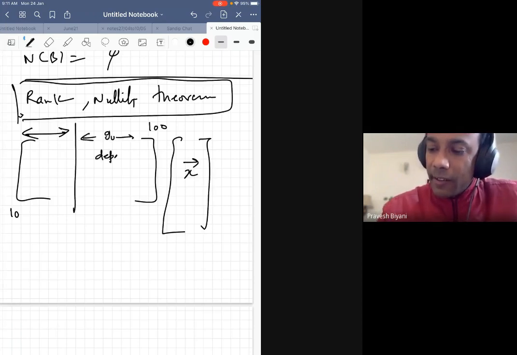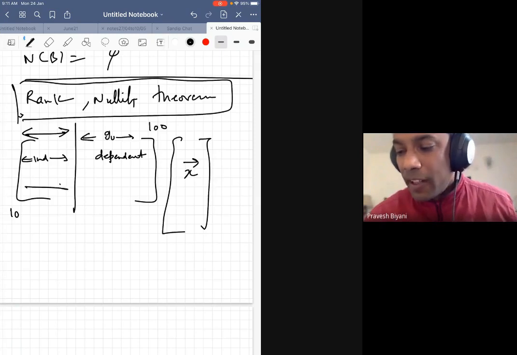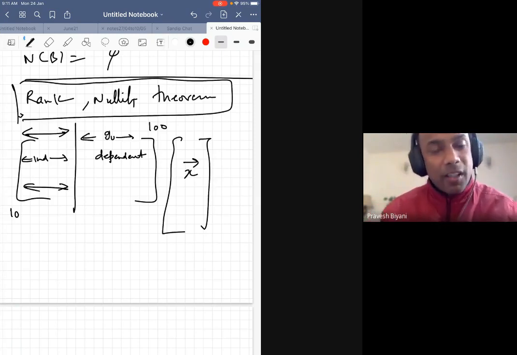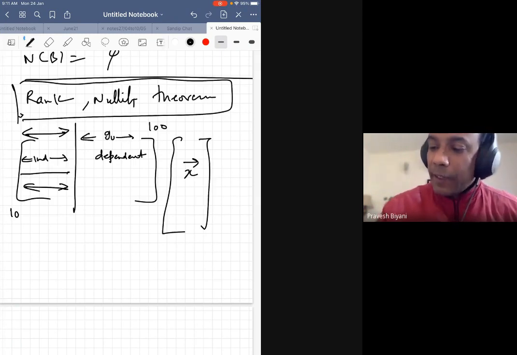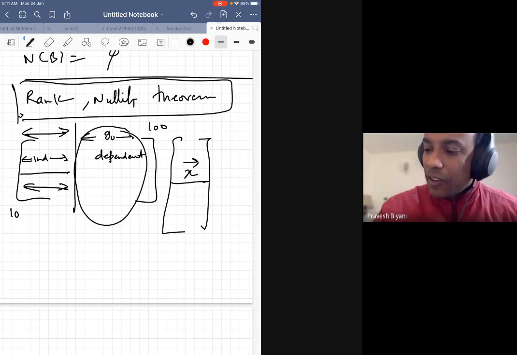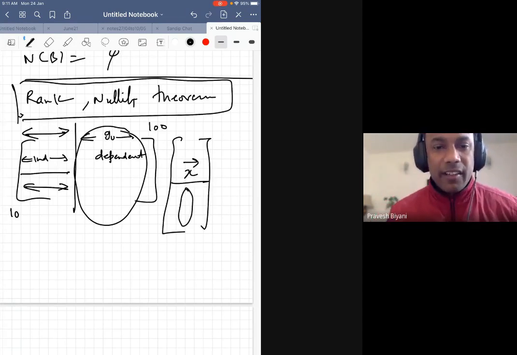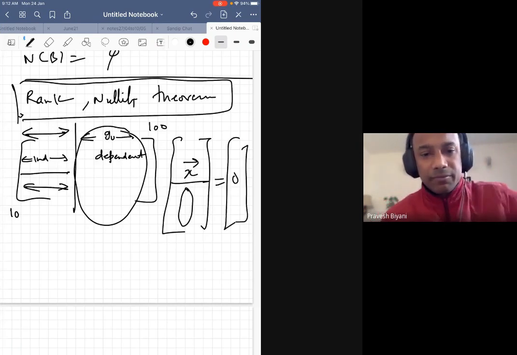I'm just saying that these first 10 columns are independent. I don't mean to say that the remaining columns are not independent amongst each other. But the first 10 columns being linearly independent means I can represent the remaining 90 columns as a linear combination of the first 10 columns, which means there will be some values here that will lead to 0, isn't it?